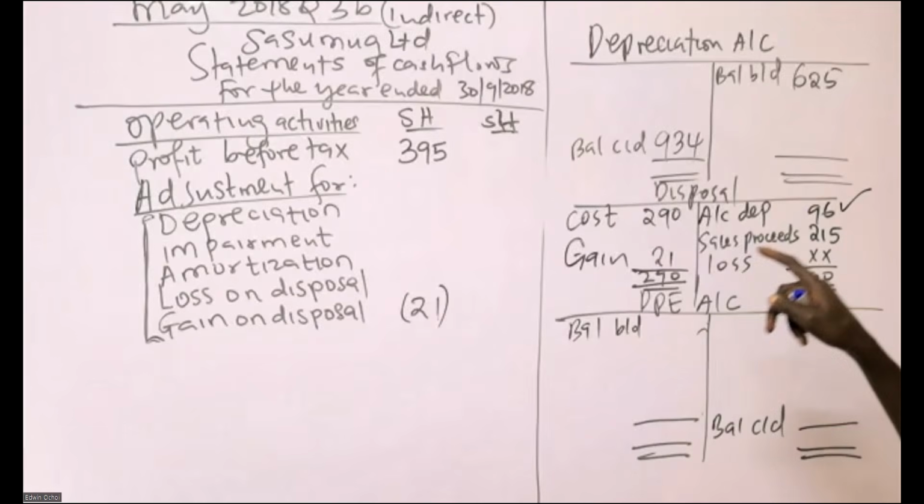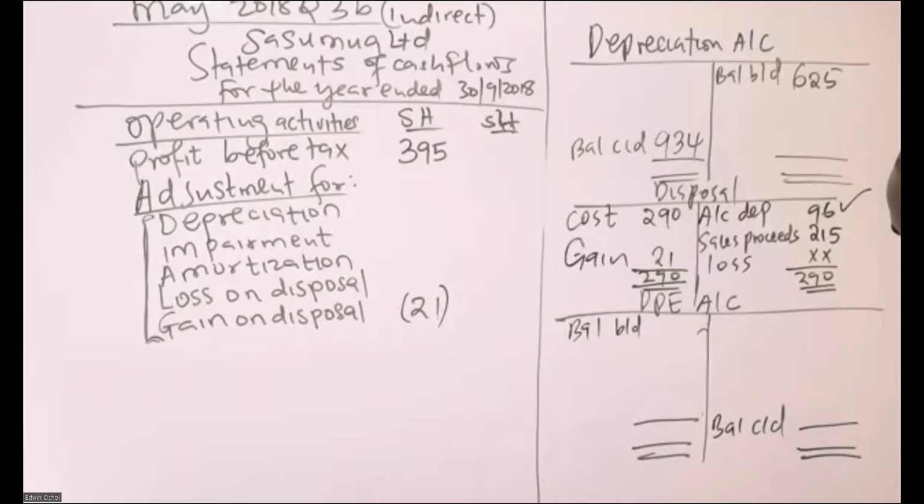So this one has been credited. So what will I do to the depreciation account? Will I credit or will I debit? Debit. I will debit this.